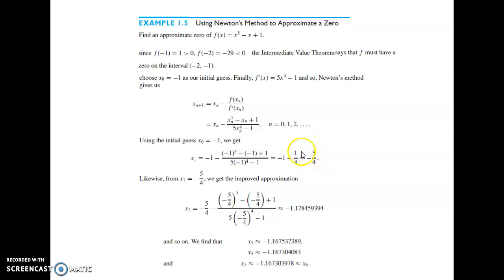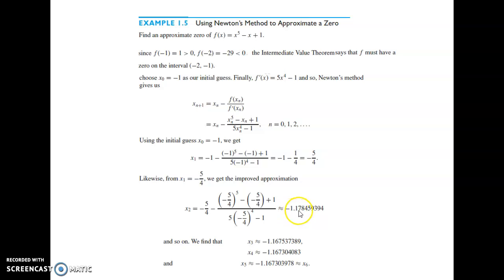Now I put n equal to 1, so you get x2, and all the right hand side becomes x1. So look at it: instead of -1, I am substituting -5/4, that is the previous value. For x1 I used -1, for x2 I will use -5/4.